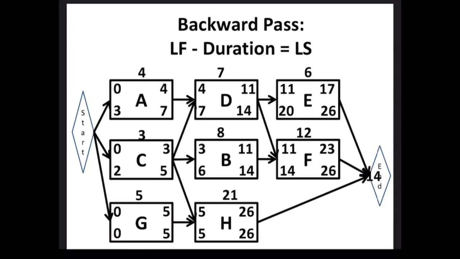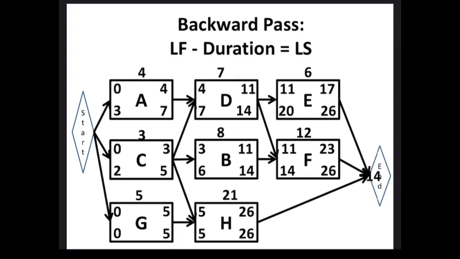Activity B has to finish by day 14 in order for F to be able to start on day 14. Now we figure out the late start for activity B. We take our late finish of 14 minus our duration of 8 and we get 6. Here as well, there is a 3-day float because activity B is not on the critical path.